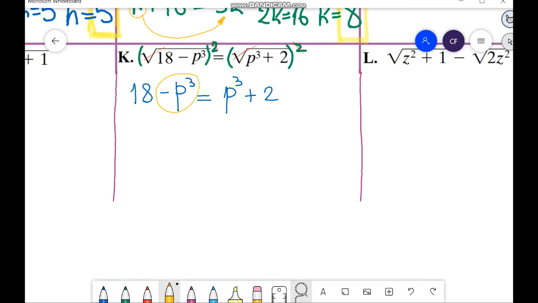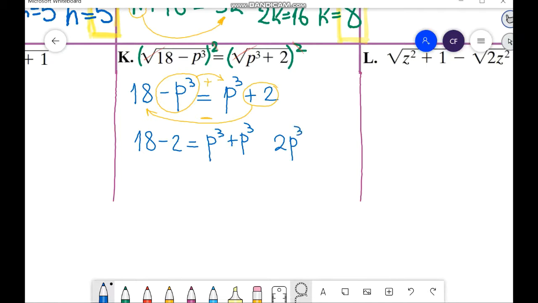Move this negative p to one side. It becomes a positive p. Move this positive 2 to the other side. It becomes a negative. And then you will have 18 minus 2 equals p cubed plus p cubed. Nice? 2p cubed equals 16.